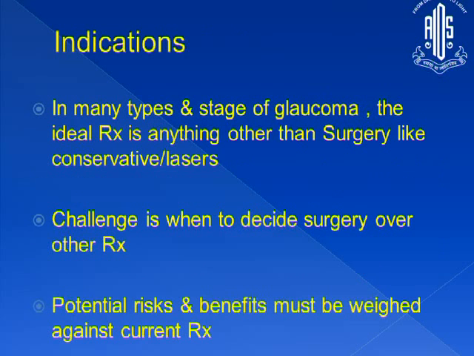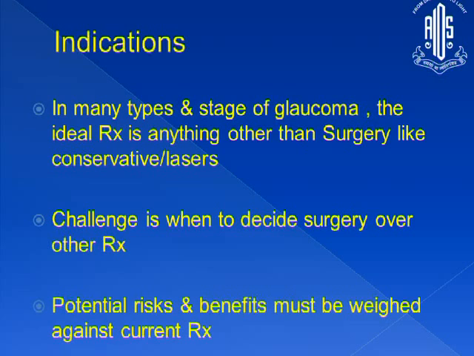Now, it can be done in any type and stage of glaucoma. The ideal treatment is, of course, anything other than surgery, like conservative treatment or lasers. The challenge is to decide when to go for surgery and prefer surgery over the other treatment modalities.